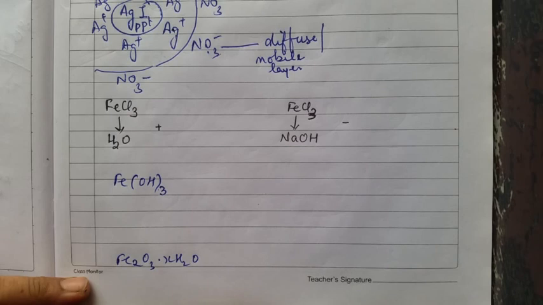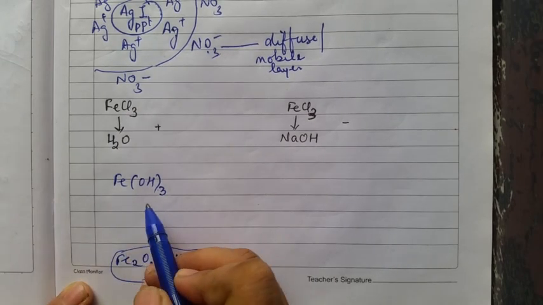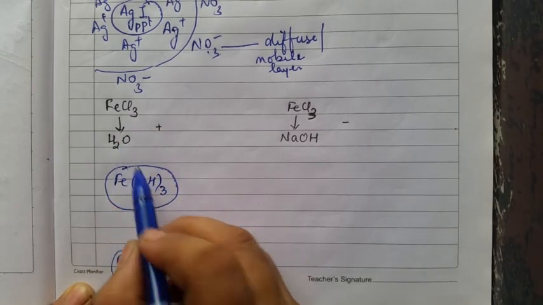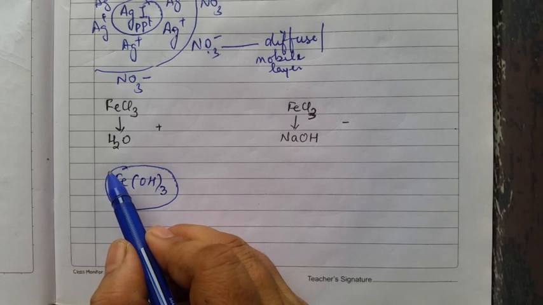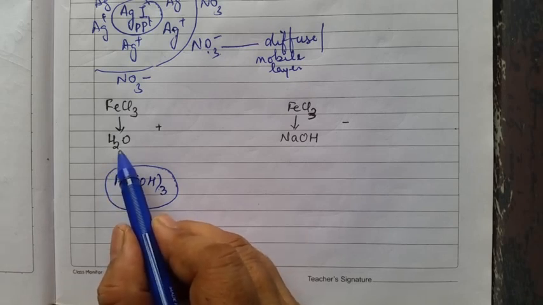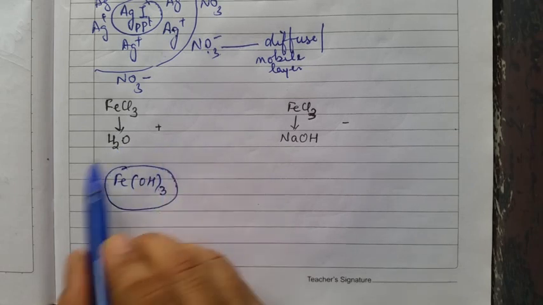It is one and the same thing, ferric hydroxide only. Now, you might be thinking what is common between them. Water is not ionizable to a greater extent. It undergoes self-ionization, but it is reversible, going in both directions.